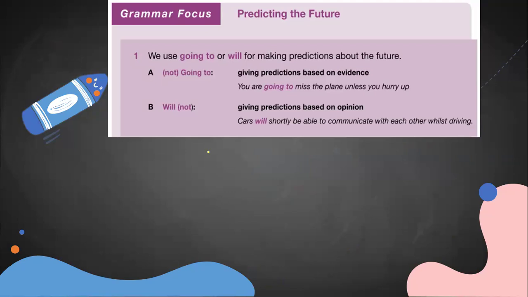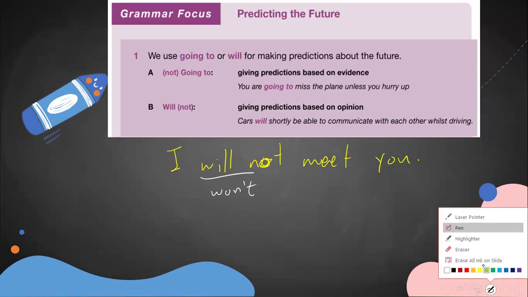First of all, with will, we have to say, I will not meet you. Or it's contracted like this: won't. I will not, or I won't meet you tomorrow, for example.